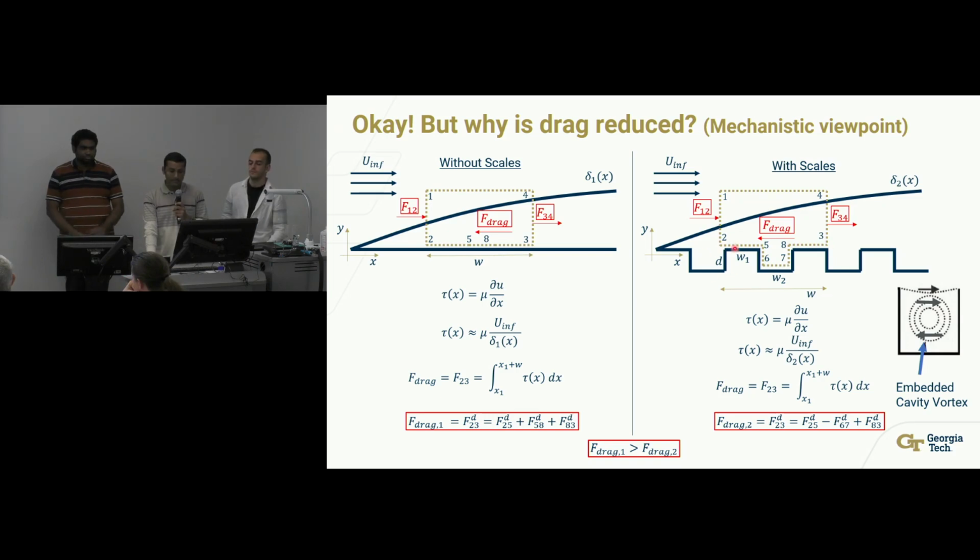Now the stress varies from 2 to 5 and 8 to 3, and it also varies from 5 to 6, 6 to 7, and 7 to 8. When we have these recirculations inside, the velocity profile inside this cavity is a function of this distance d, because for this geometry, using the boundary conditions inside 5, 6, 7, 8, we have to take into account the distance d.